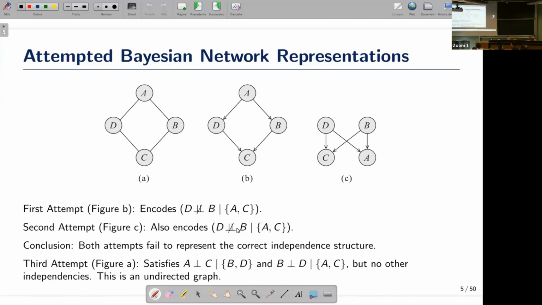We'll see that, okay? So do you remember the factorization of the DAG? This is not anymore our factorization. It's going to be something different, one that catches the conditional independence we want, okay?